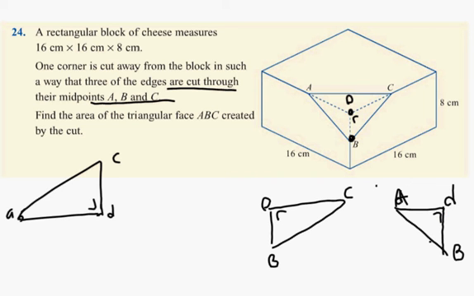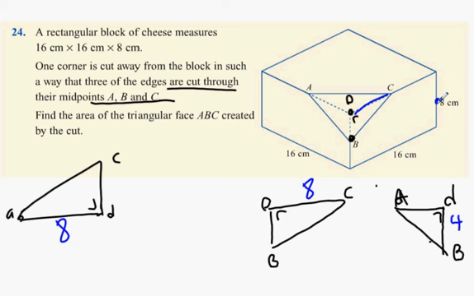I would say D to C is what length? 8. Half of the 16. What about A to D? What about D to B? 4. Do you know that though, or can you just guess that? No, I'm not guessing because it's half.